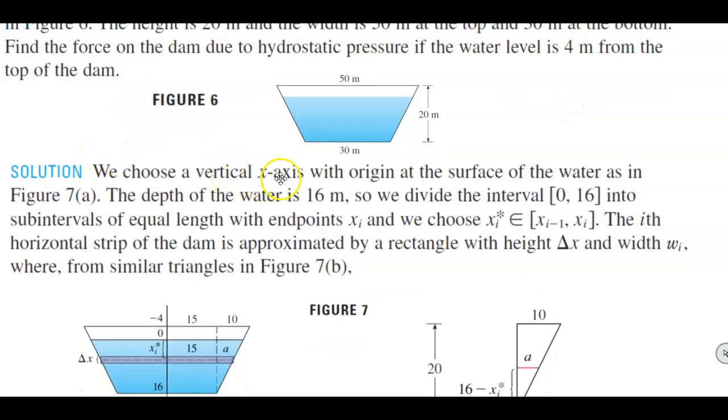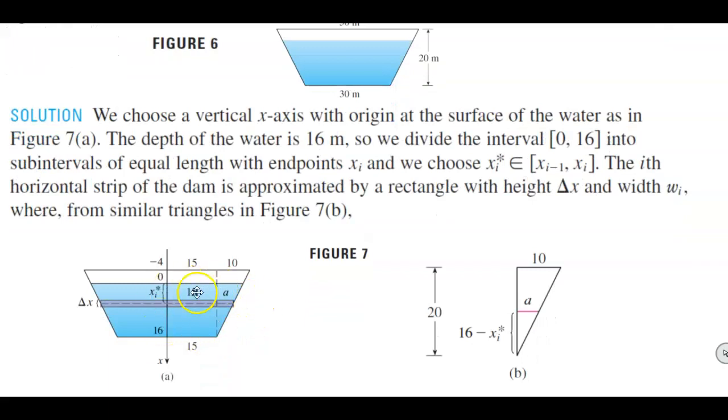Now we choose a vertical x-axis with origin at the surface of the water, as you can see here in this figure A. The depth of the water is 16 meters. So we divide the interval going from 0 to 16 into subintervals of equal length with endpoints x subscript i, and we choose x star subscript i in the range of x subscript i minus 1 to x subscript i.